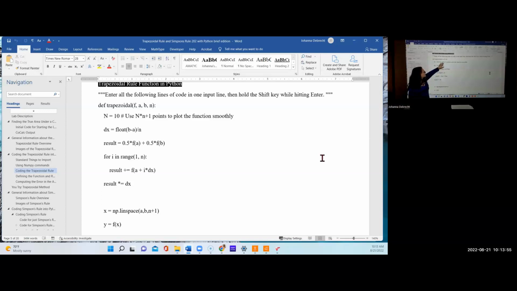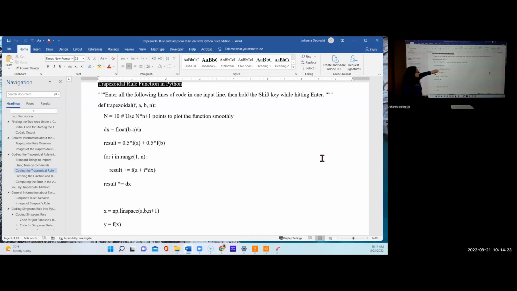So what we're going to do is use however many points we set, which is 10, times N plus 1 points to plot the function smoothly. When we plot it out, we need a lot of data points. So basically what I do is I take this number right here and I multiply it by the number of trapezoids and add 1, and that will plot it more smoothly. So I get a better picture.